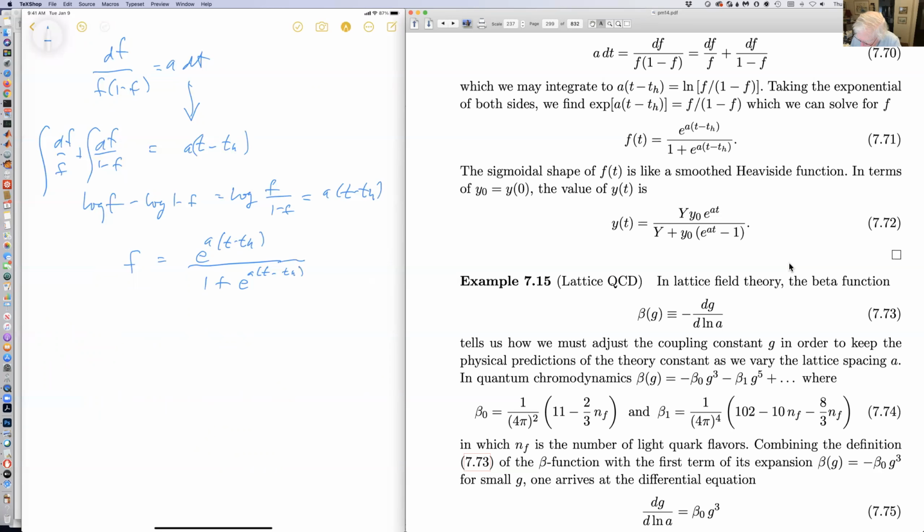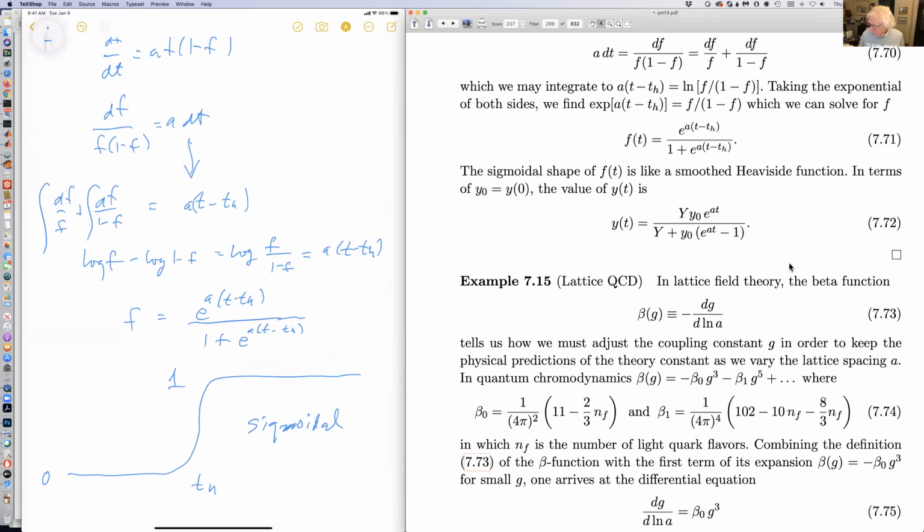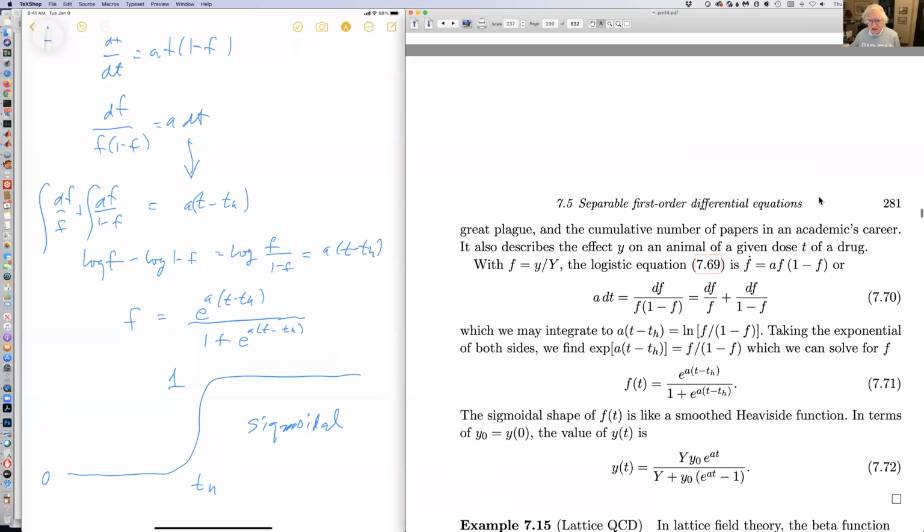If you go to large negative t, this one is essentially 0, we're just getting something that's 0 over 1. And so it's essentially 0. If we go to large positive t, we see that the thing goes to 1. So roughly the thing looks like this, where this is th, this is 0, and this is 1. This is called a sigmoidal shape. And it applies to a great many things, especially in biology, but undoubtedly many other areas.